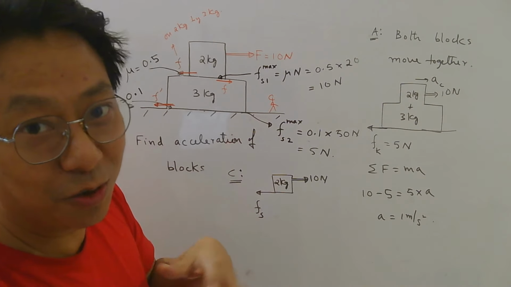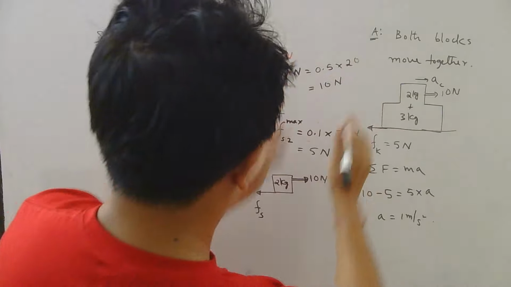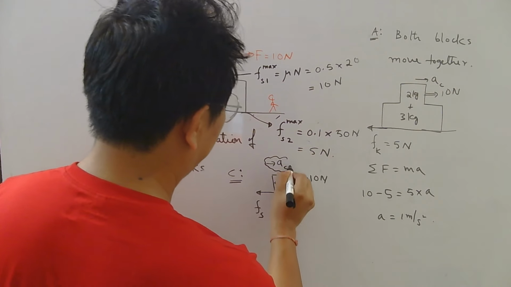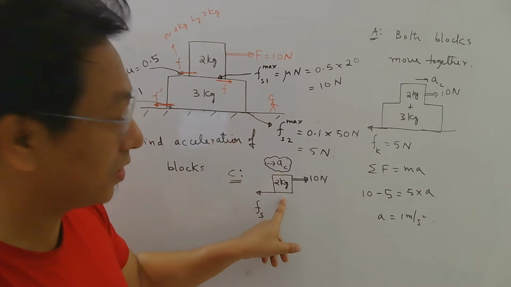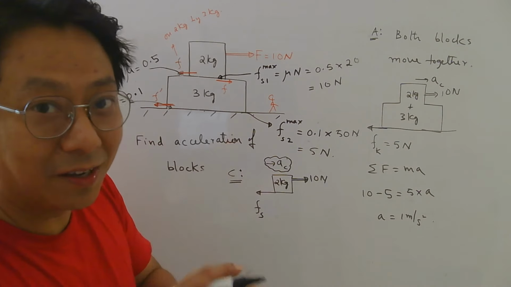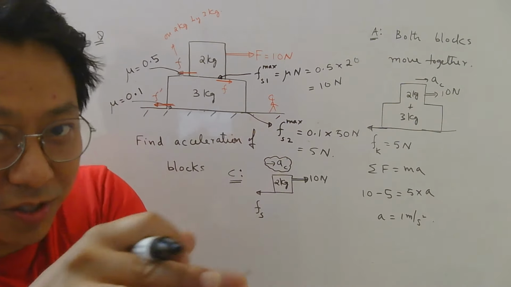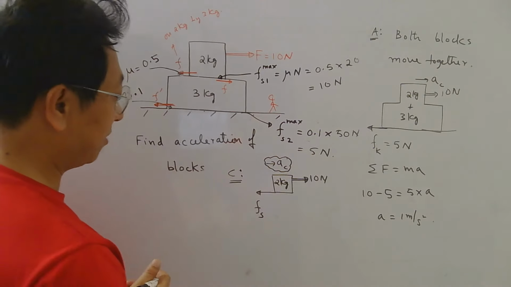We apply Newton's law from the ground frame. So from the ground frame you can see both are moving, so the acceleration of 2 kg is the same as A common. So don't balance, okay? Friction is static because there is no relative motion, but from the ground frame you see there is acceleration actually.